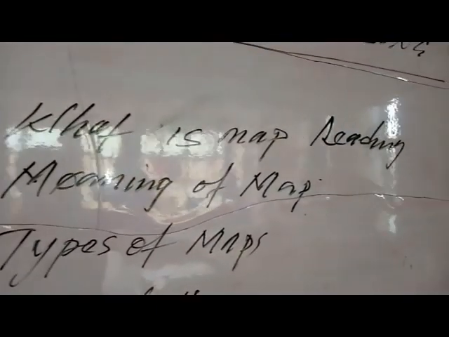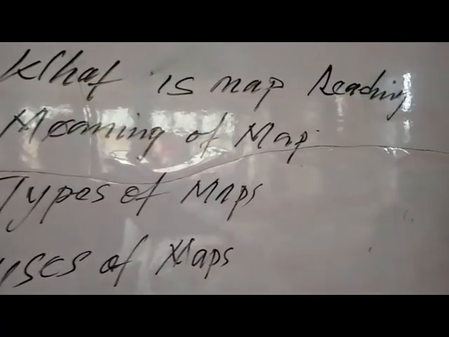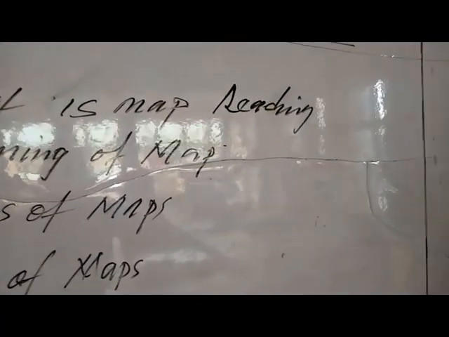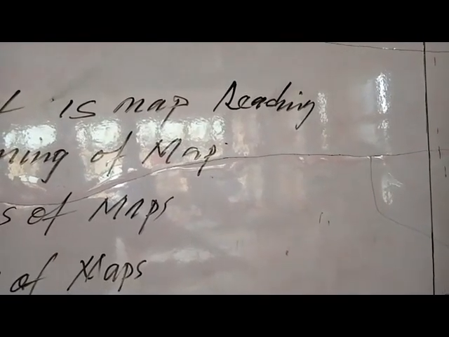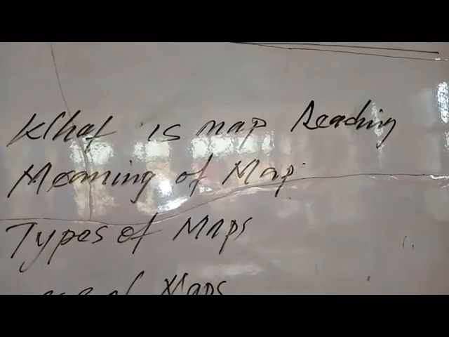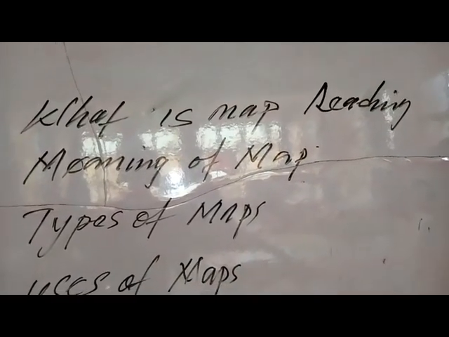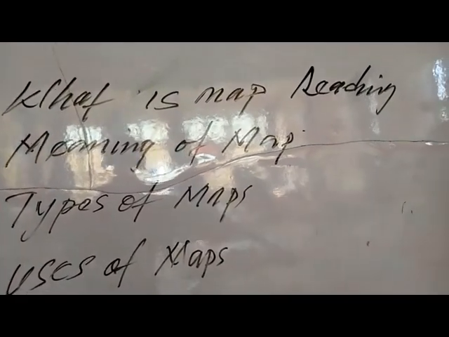Why do we need to understand map reading? It's simply because there is no way you can understand the intention of the map maker without having the skills, the knowledge of map reading.